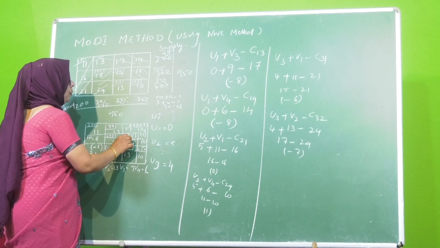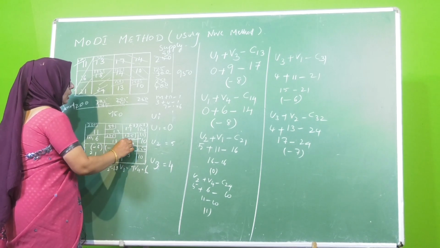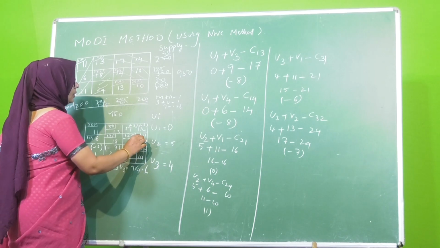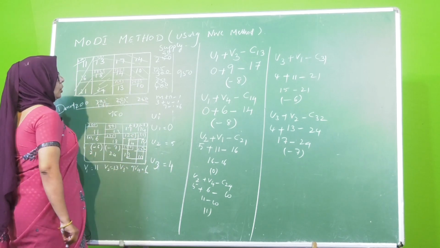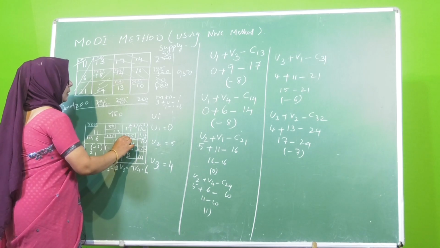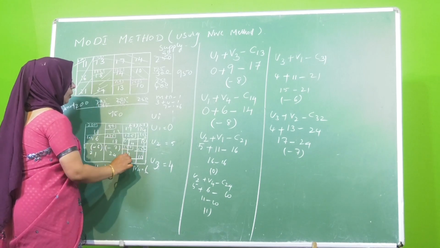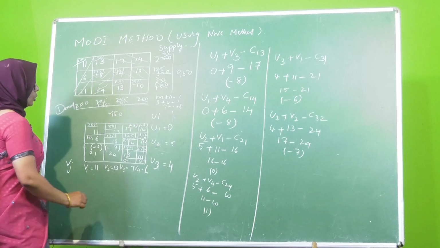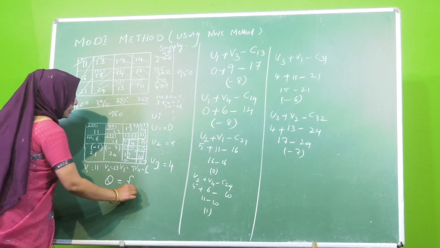The loop form: one original allocation, another original allocation. So theta minus, theta plus, theta minus and theta plus. We have to select the theta.